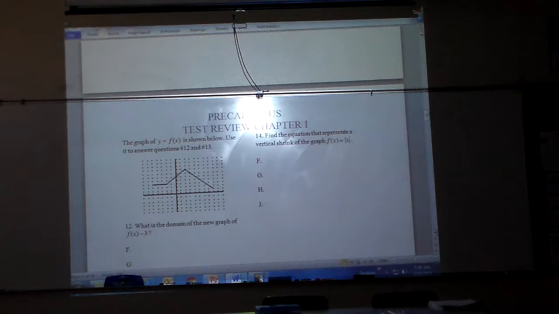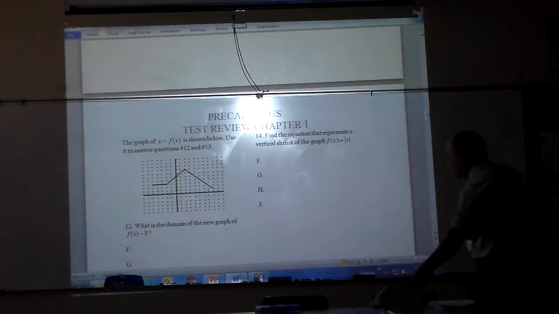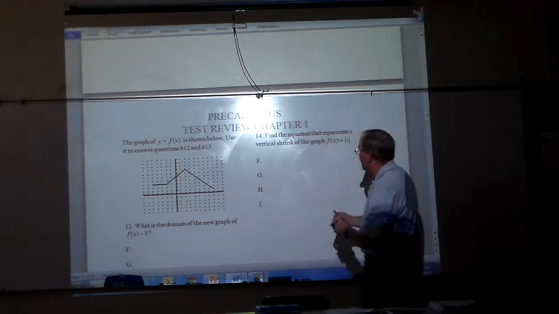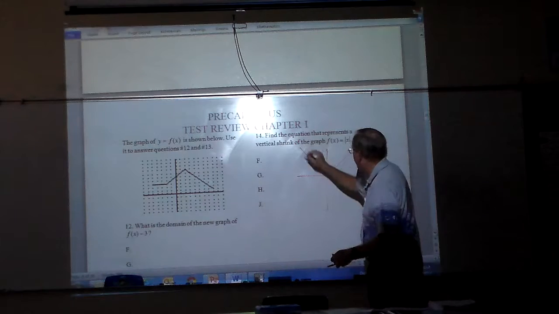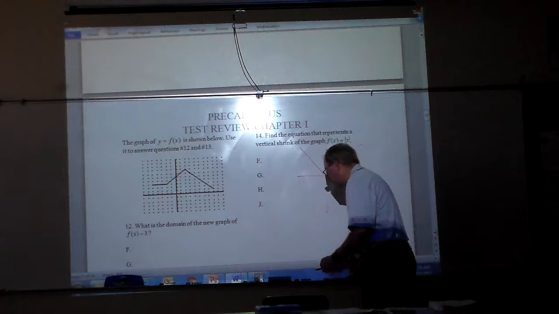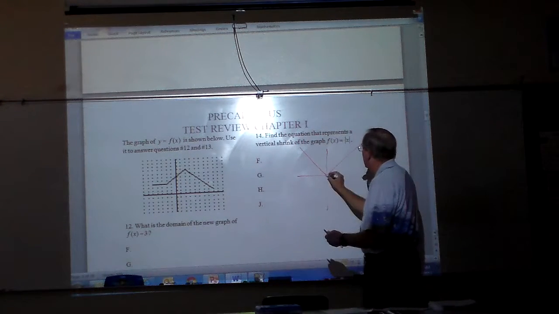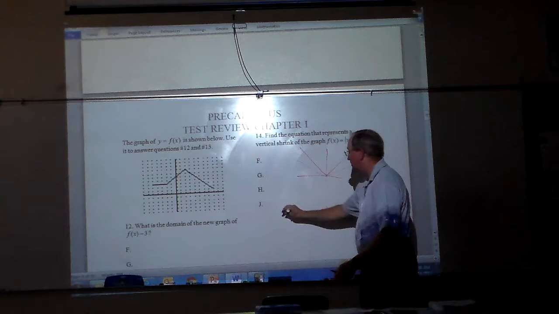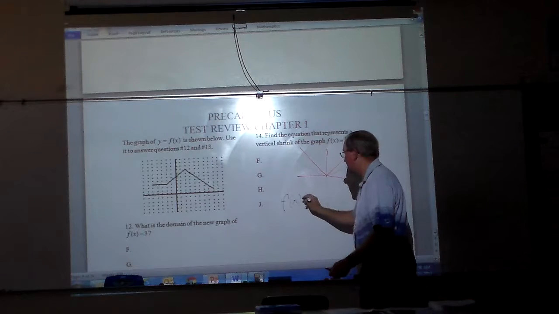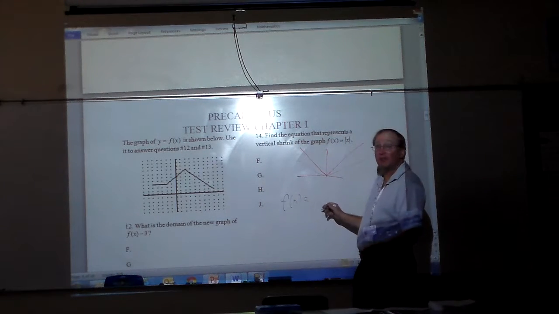Notice there are no equations written there, but basically what's going to happen is this: to get a vertical shrink, the normal graph of this particular one looks like that. So to be a vertical shrink, it's just not going to go up quite as fast. Well, the reason for that to happen will make this any fraction less than 1. So the answer will be f of x equals any fraction less than 1.